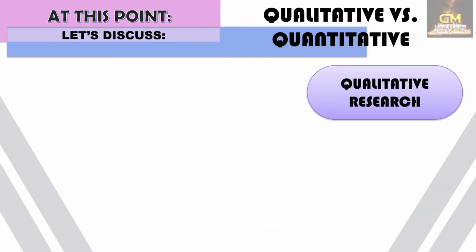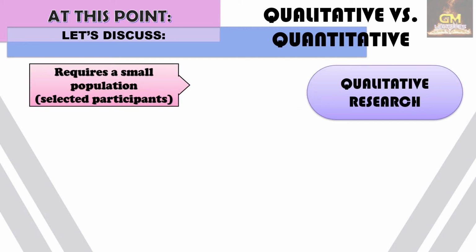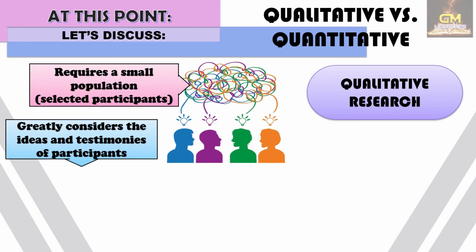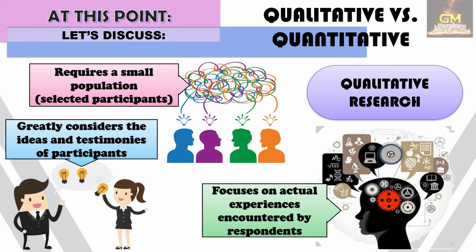Qualitative research, as opposed to quantitative research earlier, requires a small population, particularly carefully selected participants. This is to ensure that each individual or each participant selected is able to share meaningful experiences, actual information, ideas, and opinions based on their first-hand experience or understanding about the topic being discussed. Furthermore, qualitative research greatly considers the ideas and testimonies of the participants and focuses on actual experiences encountered by the respondents.